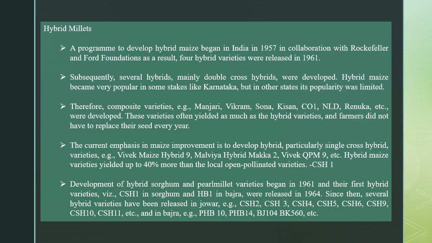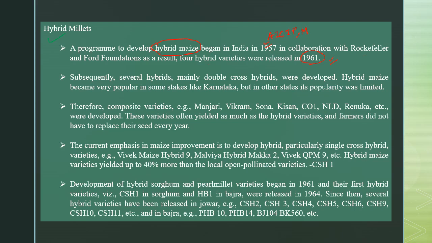After that, in the case of hybrid maize, its development occurred in 1957 in collaboration with the Rockefeller and Ford Foundations. As a result, hybrid varieties were developed in 1961. You all know AICIP, the AICIP maize project, was launched in 1957, and in 1961 hybrid varieties were developed.